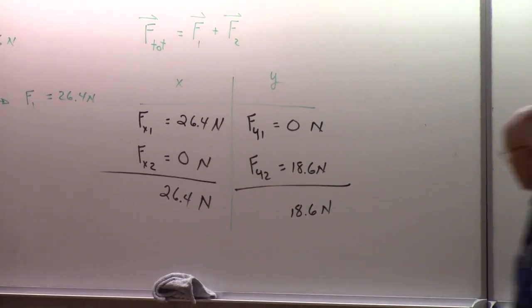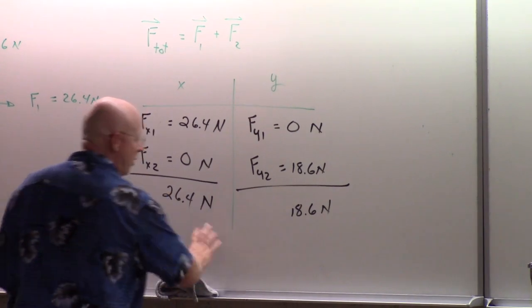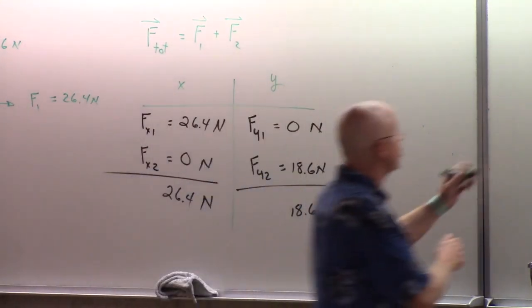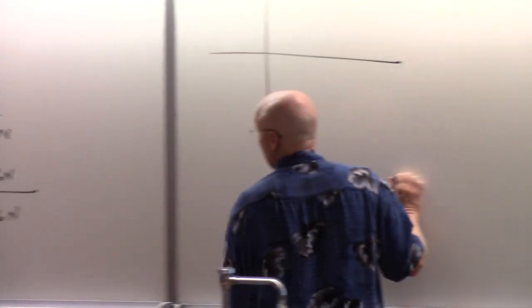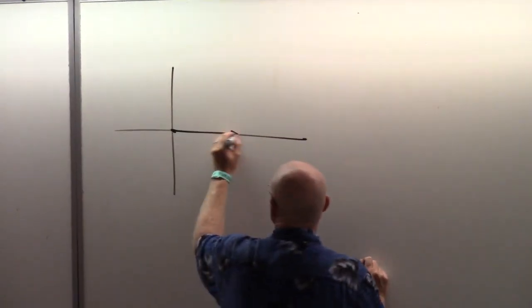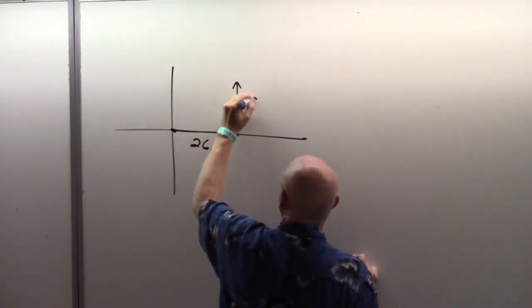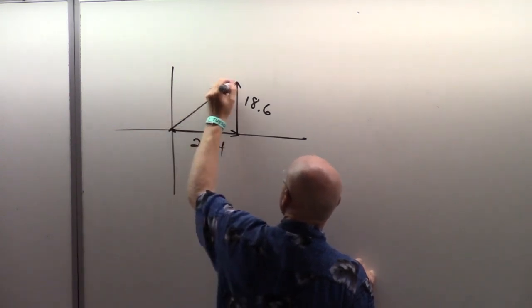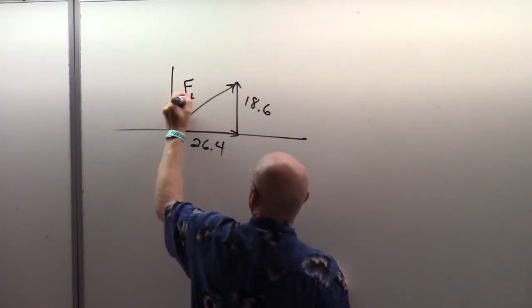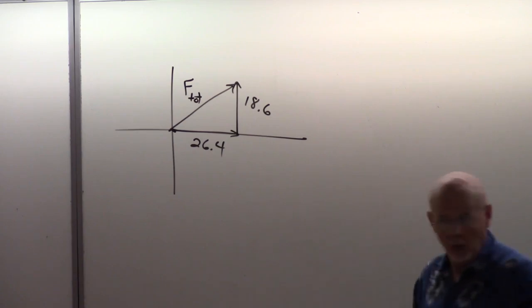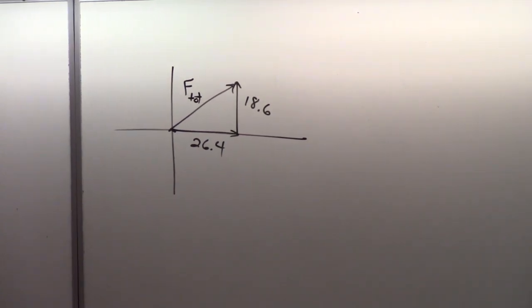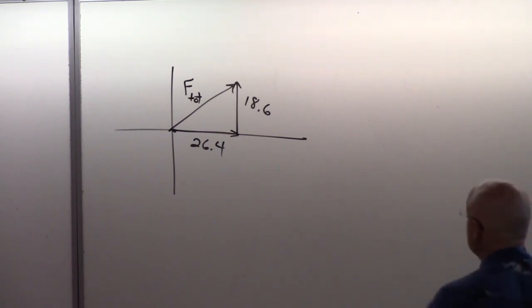All right, so since these are the 2 components, if I were to draw a picture of that, you're saying that the force in the x direction is 26.4, and in the y direction is 18.6. So this right here, the hypotenuse, would be its total. And so just like we did for velocities way back in chapter 3, we would apply the Pythagorean theorem here in order to get the magnitude.